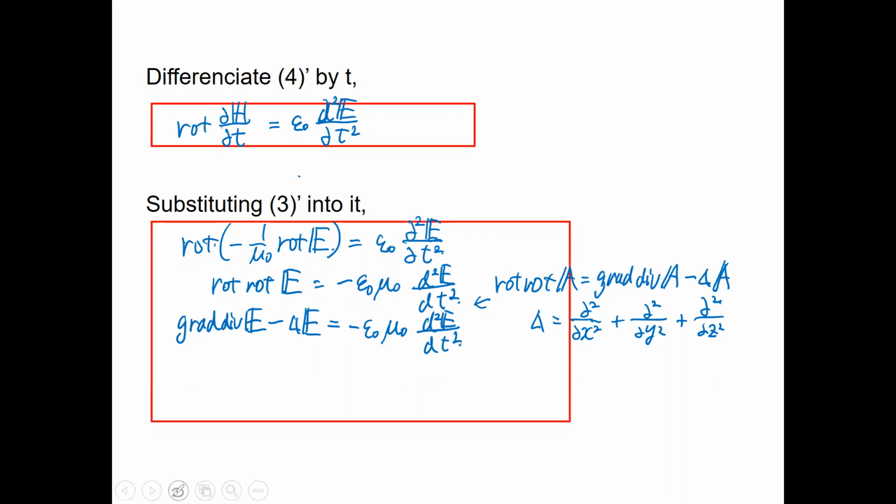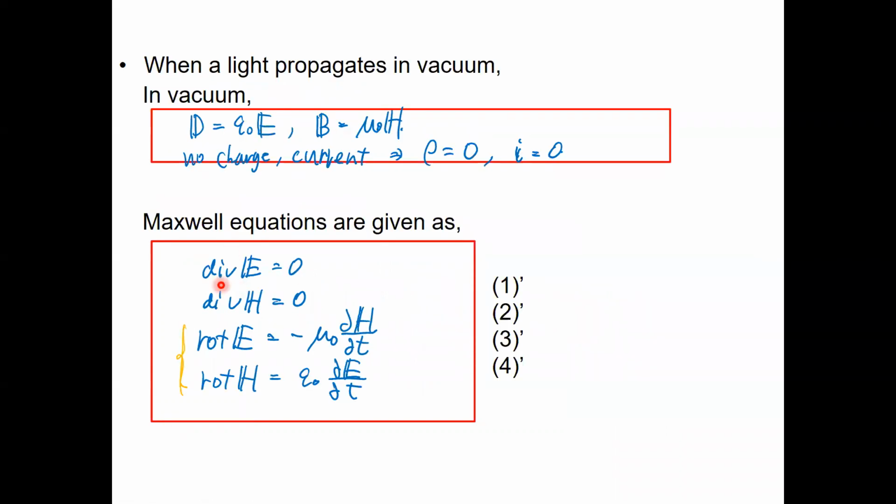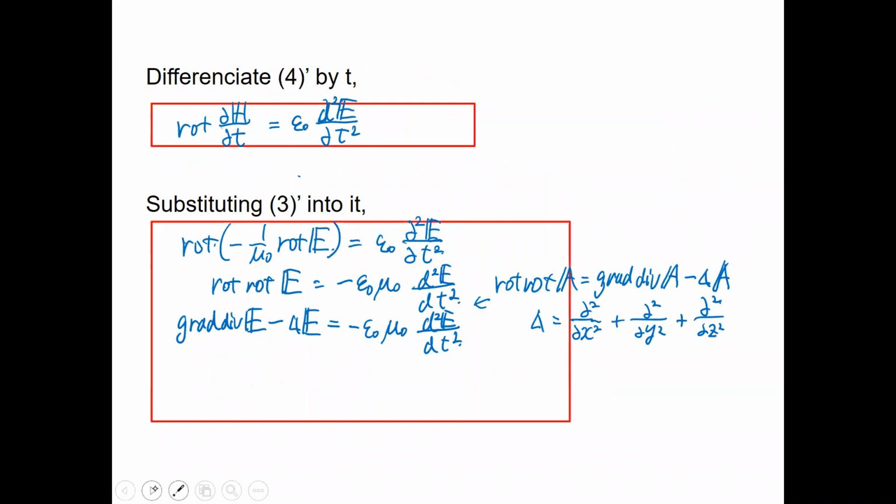You can see here this divergence E, which is from this equation, should be 0. So this term goes to 0. So the final equation is Laplacian E equals epsilon 0 mu 0 d2E/dt2.